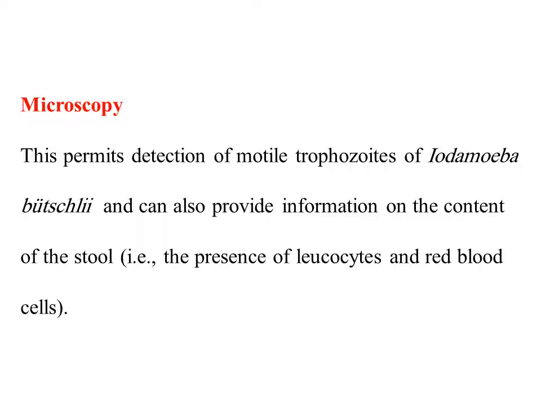before micro examination. Why? Because from macro examination you can detect and show the color of the specimen, the odor of the specimen, the content of the specimen, blood, fat, mucus, and others. The solidity of the specimen can also be viewed.